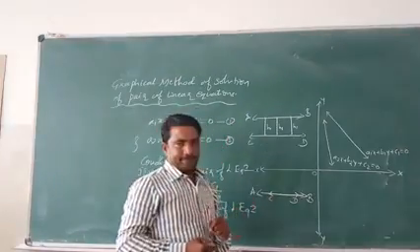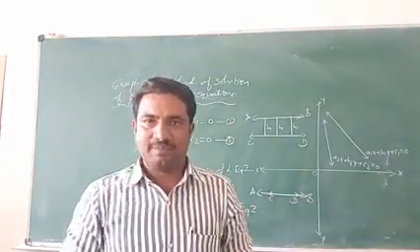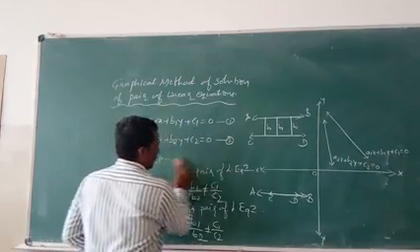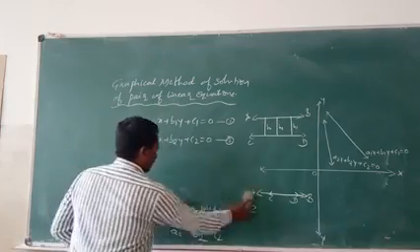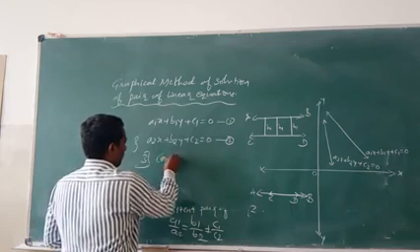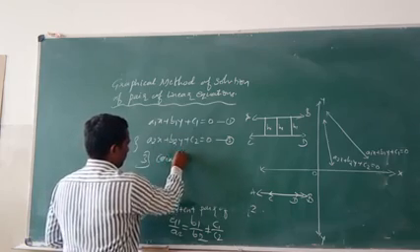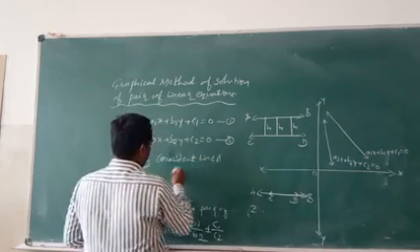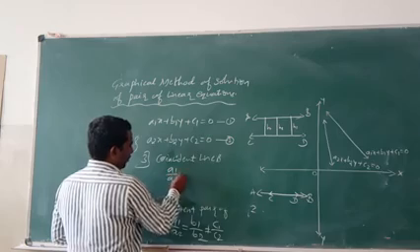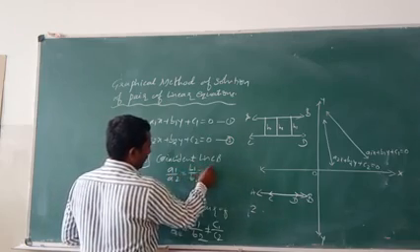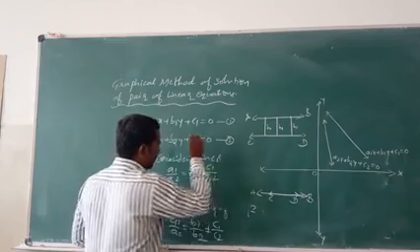The coincident lines condition: a1 by a2 is equal to b1 by b2 is equal to c1 divided by c2.